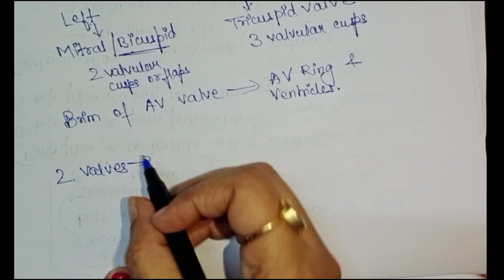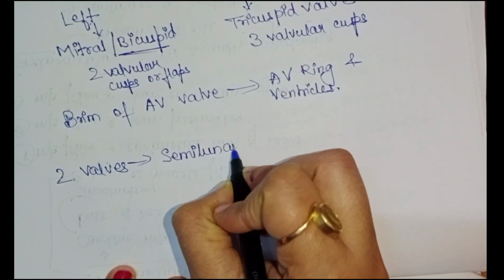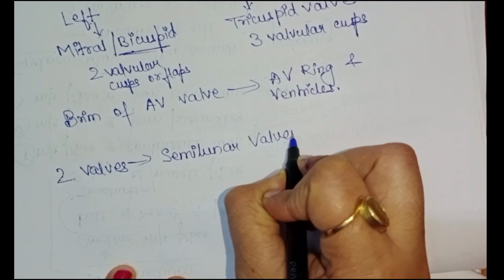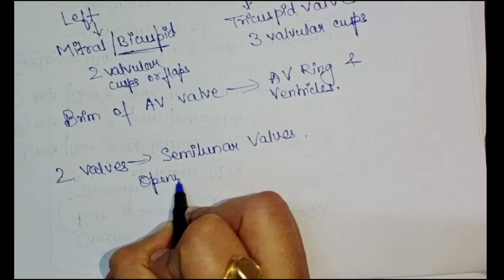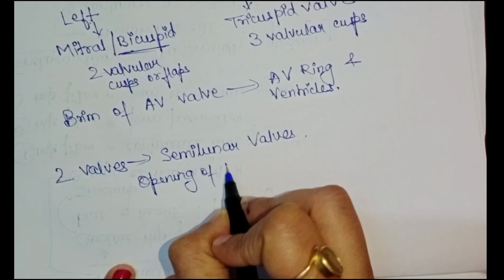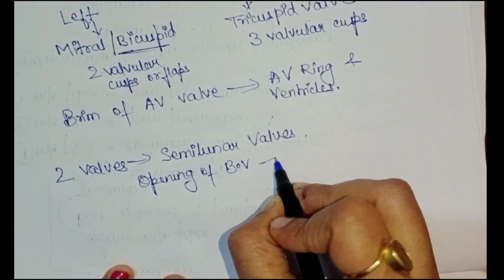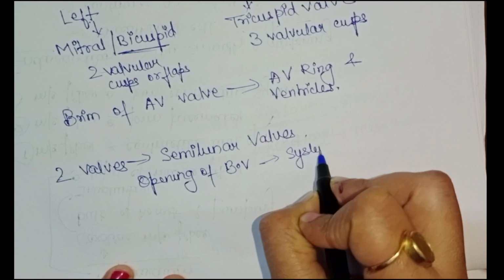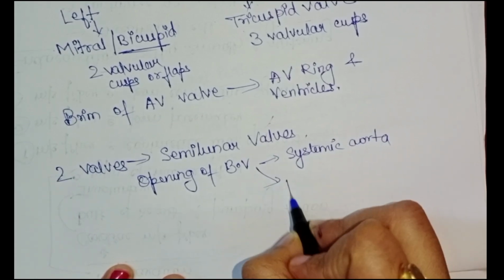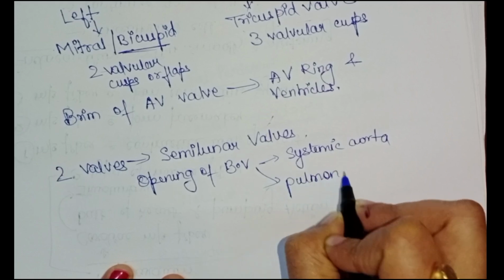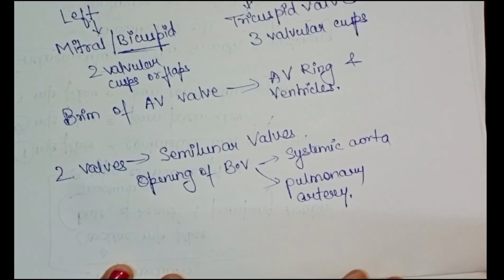The other 2 valves are semilunar valves placed at the opening of the blood vessels arising from the ventricles, namely the systemic aorta and the pulmonary artery.